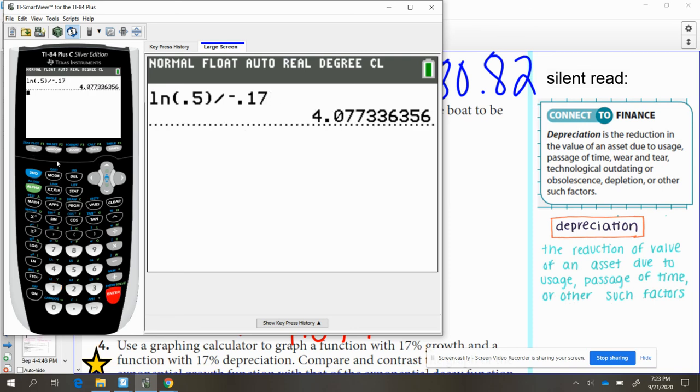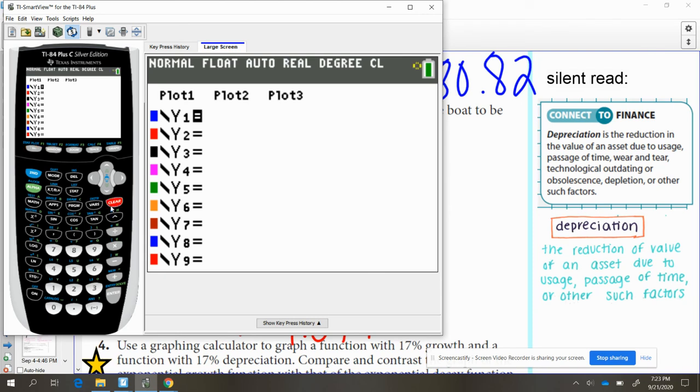Okay. You also are free to, of course, do an intersection here. You can always graph this function that we had. Again, we had the 10,000 times e to the negative 0.17x, and play around to look for where that intersection is going to occur between these two values.